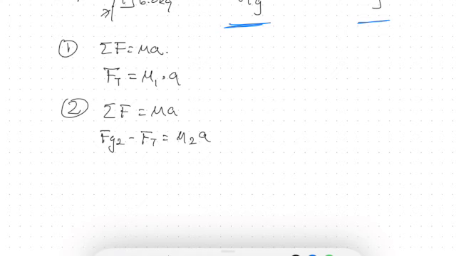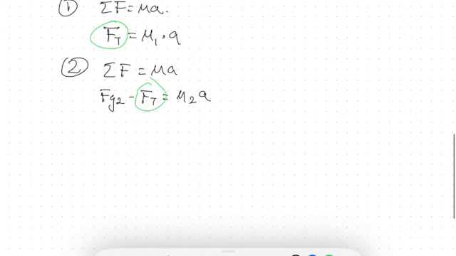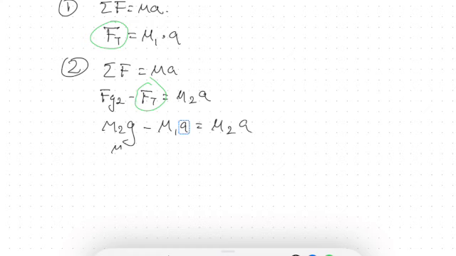So what to do now is we plug this force of tension into that equation. m2g minus m1a equals m2a. m2g equals m1a plus m2a. We factor, there we go, a factor.